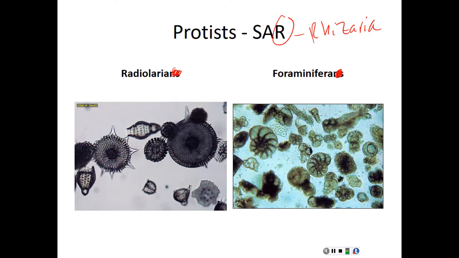These guys differ in the structure of their test. Radiolarians possess a single-chambered silica test, whereas the foraminiferans possess a multi-chambered calcium carbonate test.